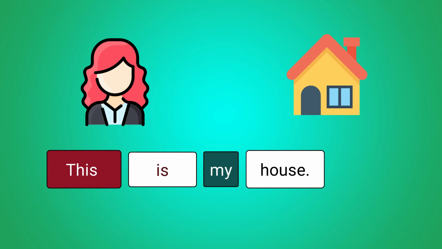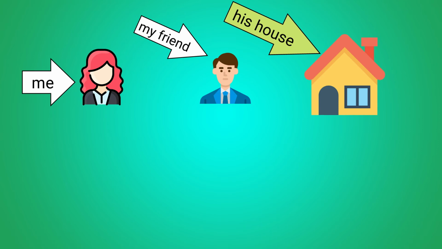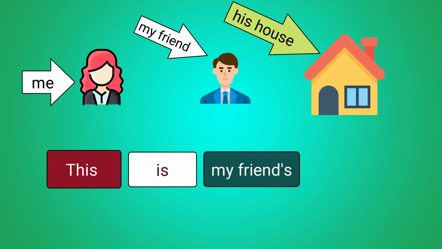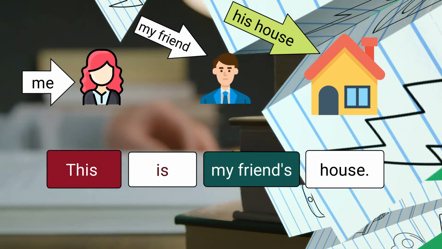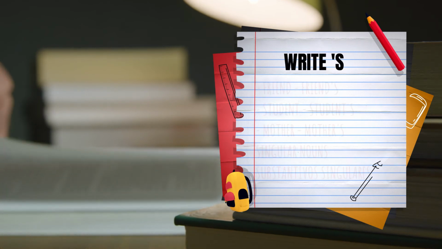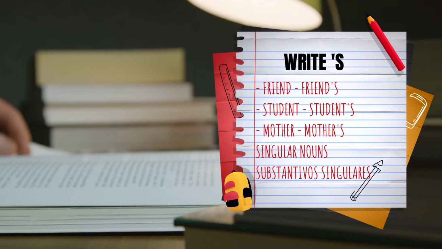If it's not yours, it's someone else's, you say my friend's house. One friend is his or her house. My friend's house. You write apostrophe S after friend, student, mother, etc.